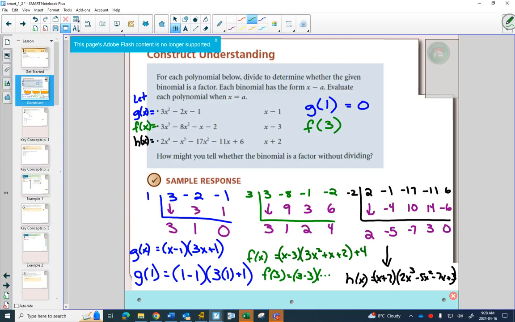And I would have 0 times all of this, which is 0, plus 4. Does it make sense that that answer is going to be 4? And the last one, can someone, without having to write down or do any mental math, tell me what h of negative 2 is going to be? 0.